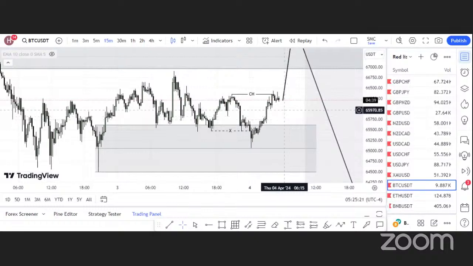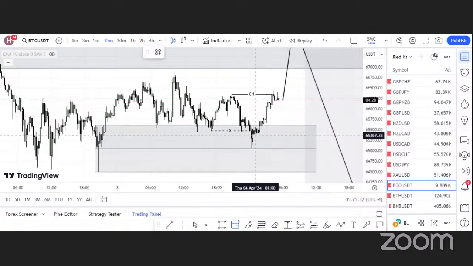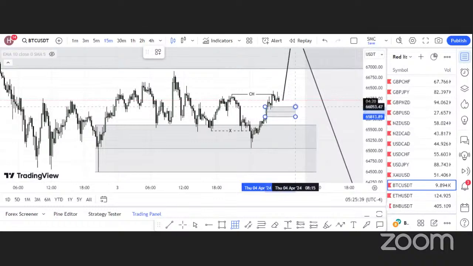Okay, so here we have a change of character. This is the 15 minutes time frame though. So we have a change of character, and from this point to this point, you see there's no fair value gap. So this is where we have our fair value gap, and that is going to be our point of interest.